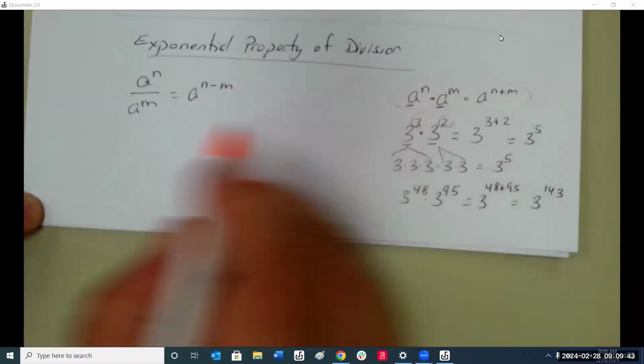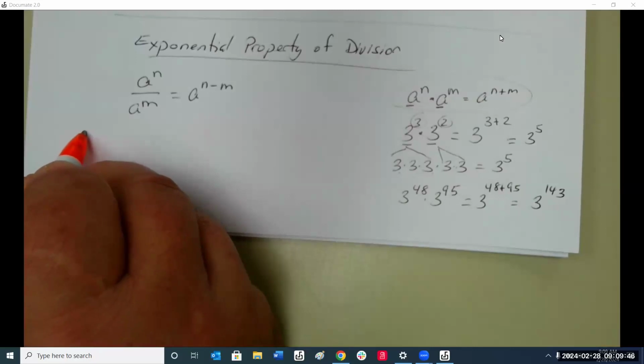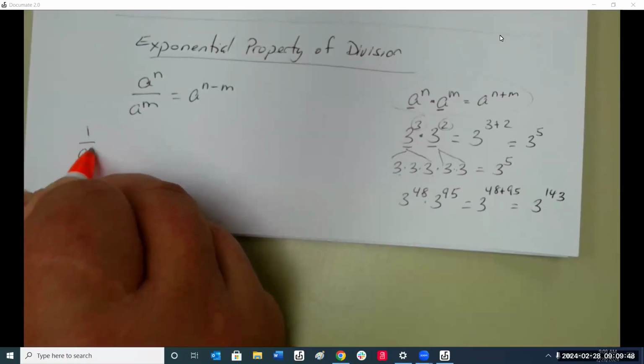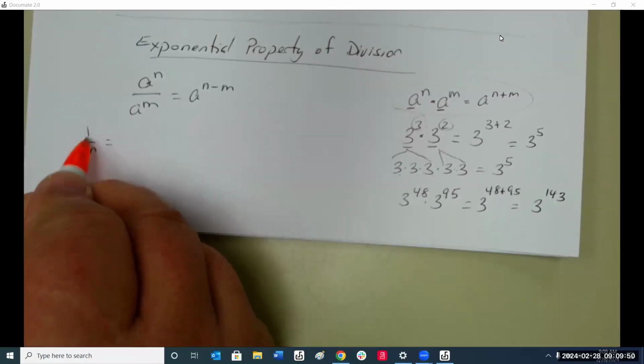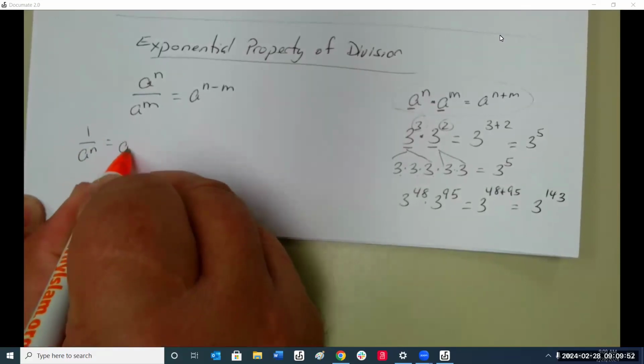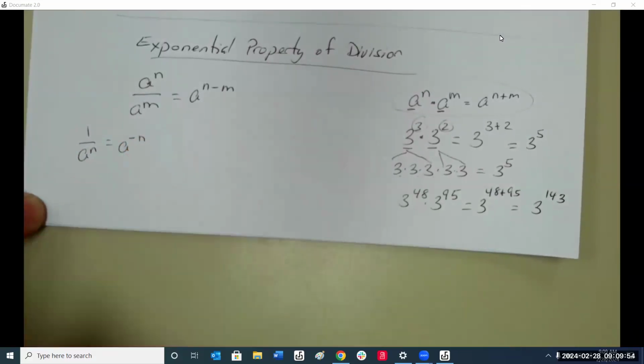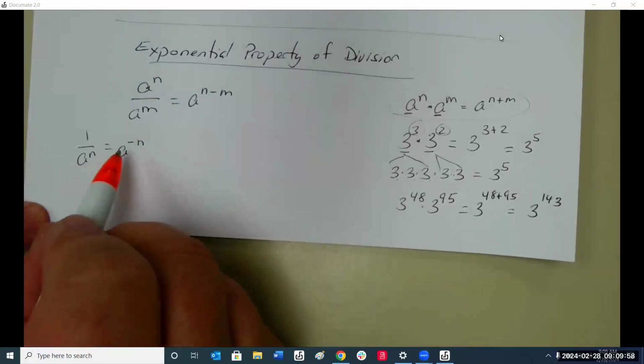Using this rule, we know that I can rewrite 1 over a to the power n as a to the power negative n. That's what a negative exponent means. A negative exponent means that this number actually switches side of the dividing line.